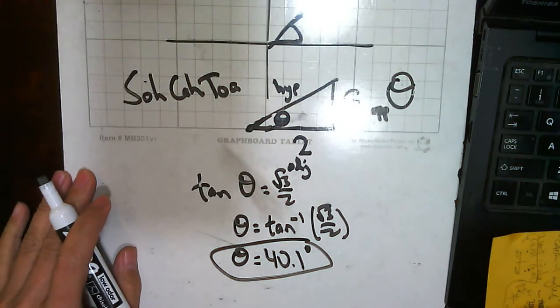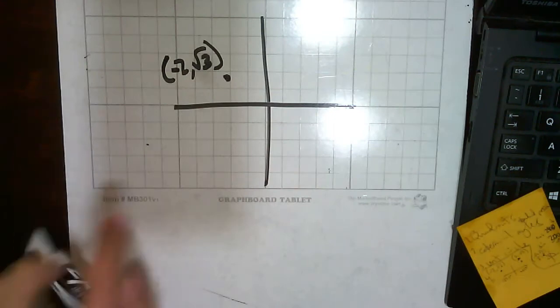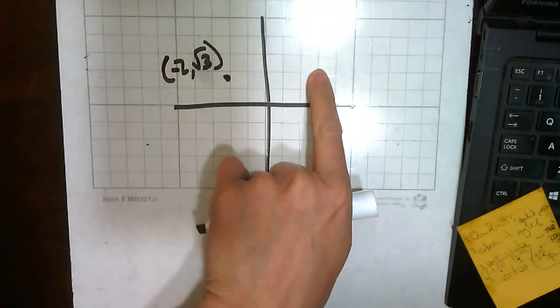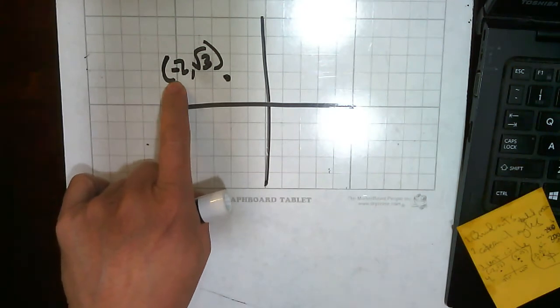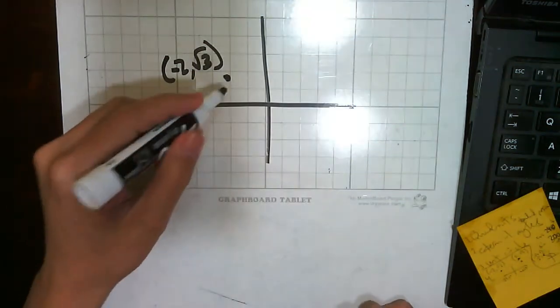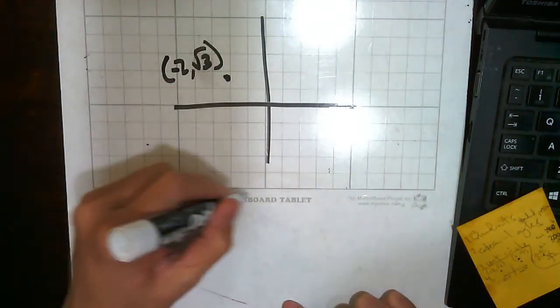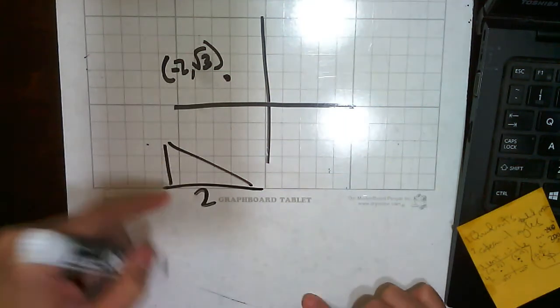There's one more type. Let me pause this and redraw it. All right, here we have a similar question. Before, I had positive 2 and radical 3 over here. This time we were over here. Here's the main difference. We solved it over there, and we're going to use the same method here. This goes 2, it's actually -2, but we can leave it as 2.